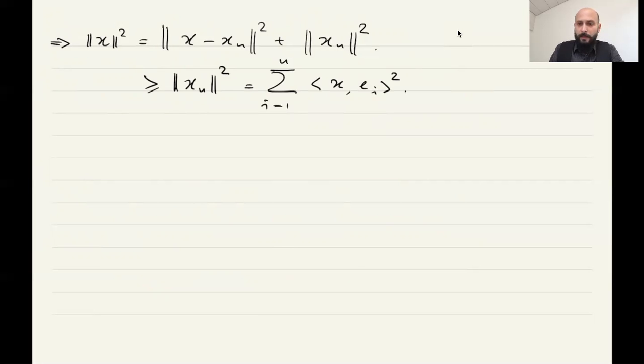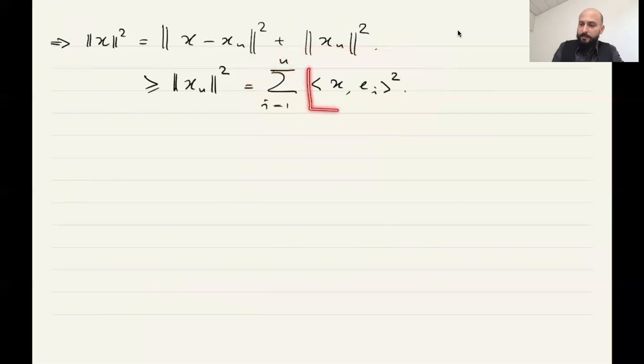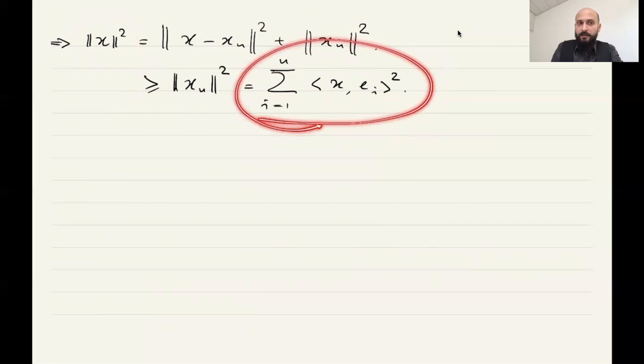Okay, good. Now, what we understand is that this sum, as n varies, is always bounded, and these are positive numbers, bounded by this fixed number, which tells us that this sum is summable.